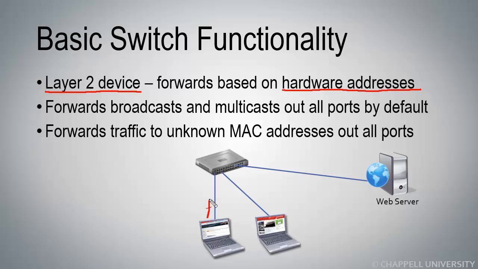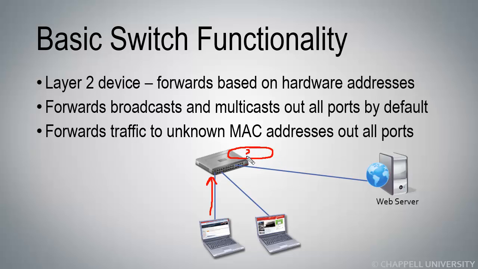If a broadcast is sent up to a switch, that switch is going to forward that broadcast out all ports. This is true for multicasts as well by default. In addition, if a packet comes to a switch and the switch doesn't recognize the target MAC address, so maybe you handcraft a packet and you send it up to hardware address 666666, that switch will look in its forwarding tables to see if it knows the MAC address.